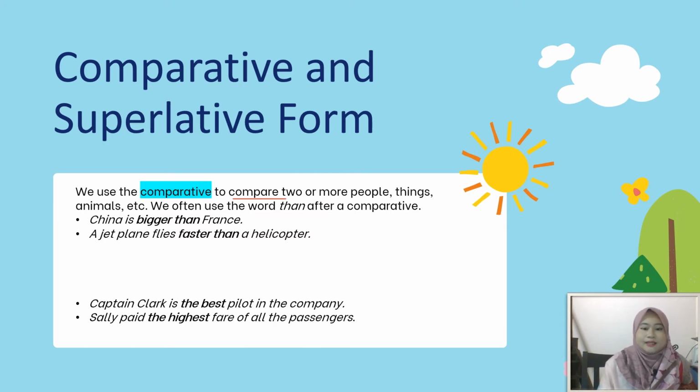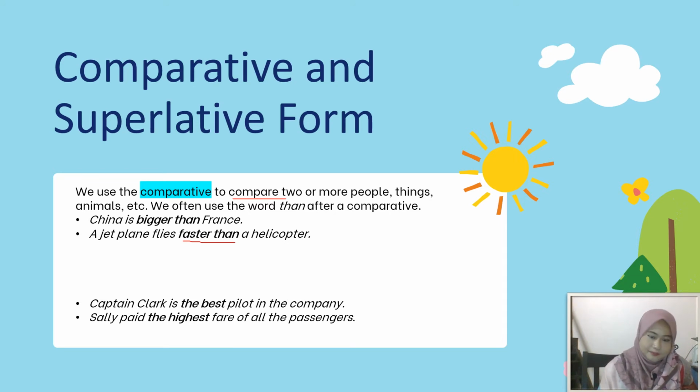Okay, and then another example, a jet plane flies faster than a helicopter. So faster than here is an adverb. Okay, faster than is an adverb. So it is a comparative adverb where you add er at the back.